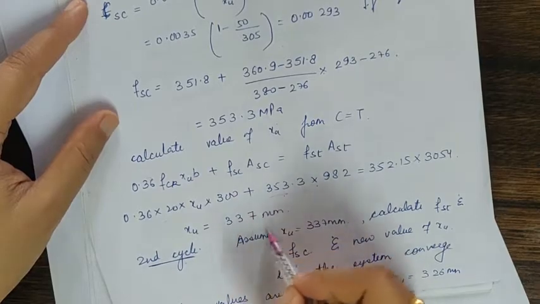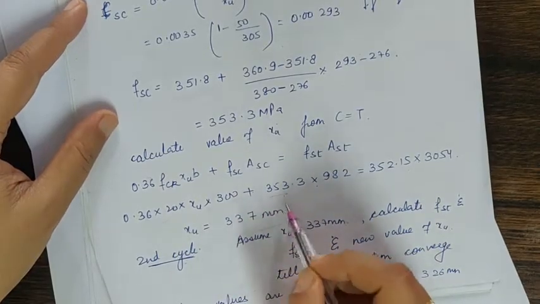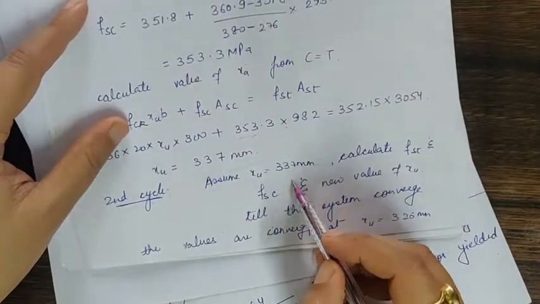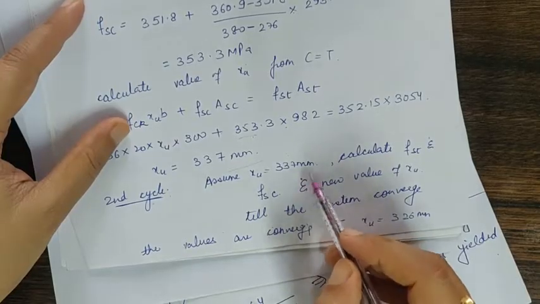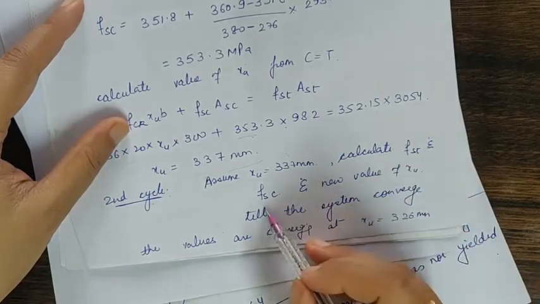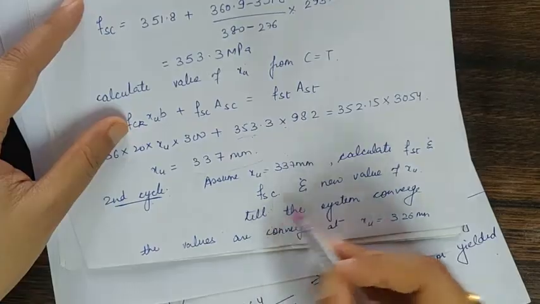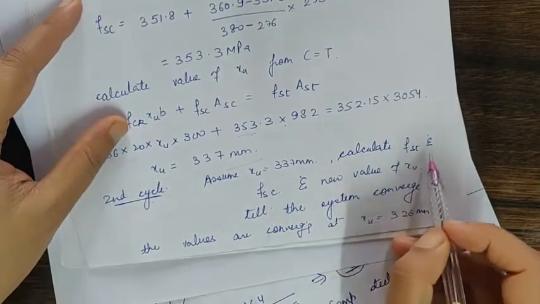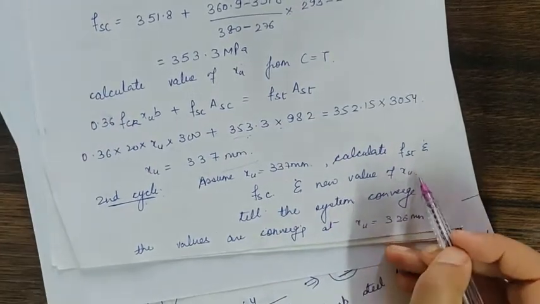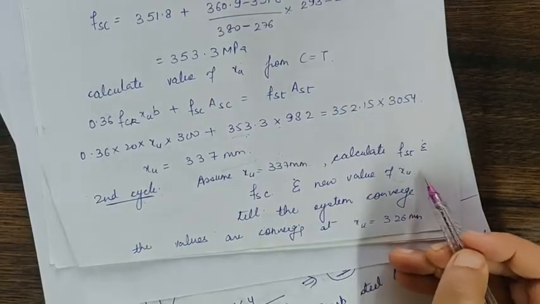I will calculate the value of XU. I will use this value of XU and again calculate FST and FSC, and I will get the new value of XU. I will do this till the value of XU converges.